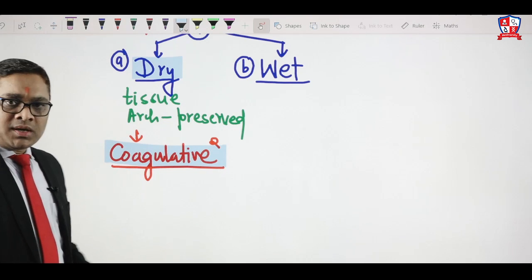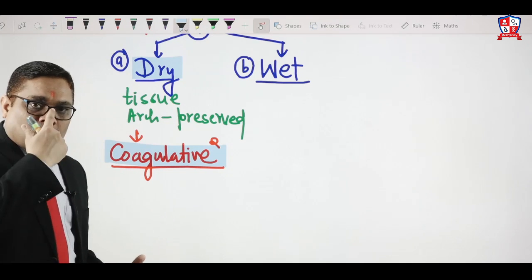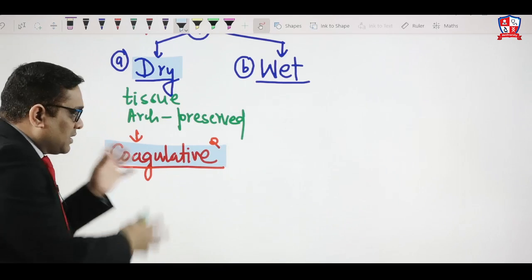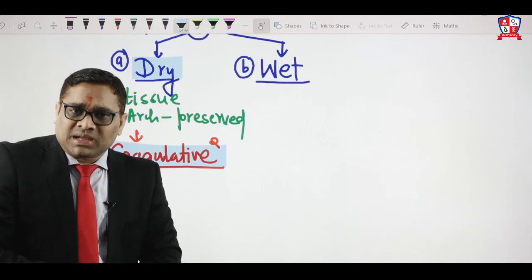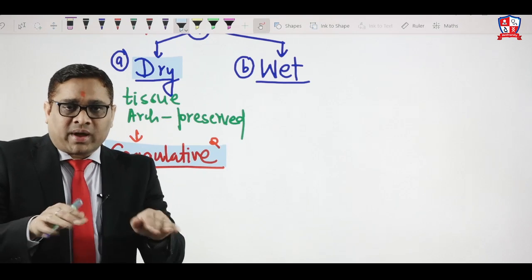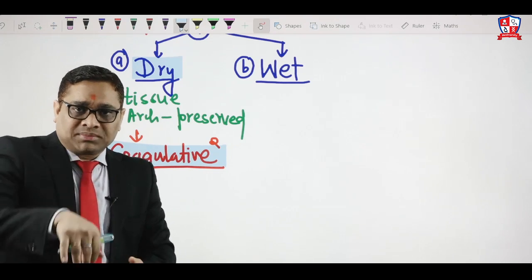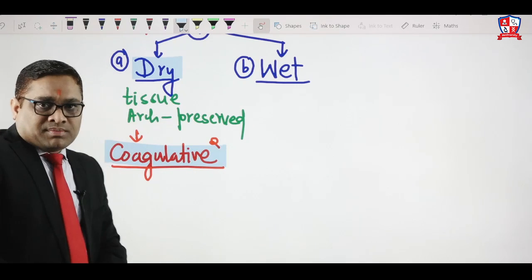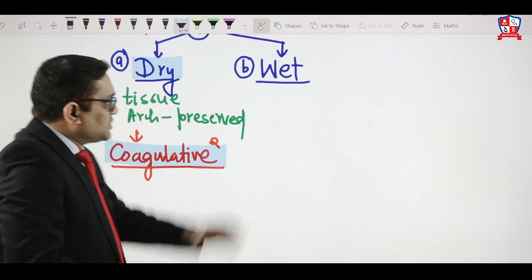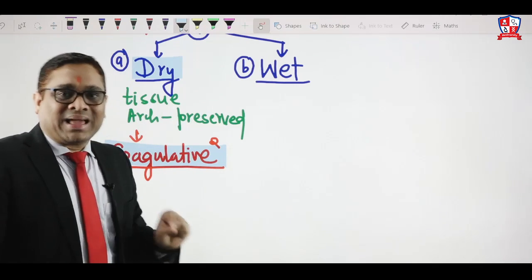In the same way, the same patient who came to your OPD with dry gangrene, after 2 months, say he was suffering from diabetes, his immunity was compromised, bacteria came, and now there is bacterial superimposed infection, bacterial contamination, and that will induce wet gangrene, right?